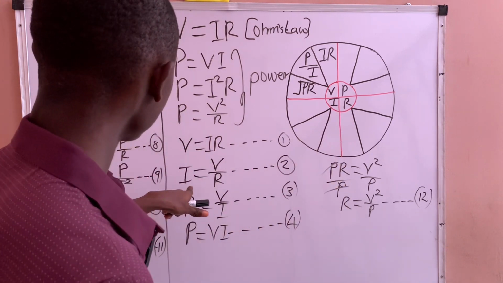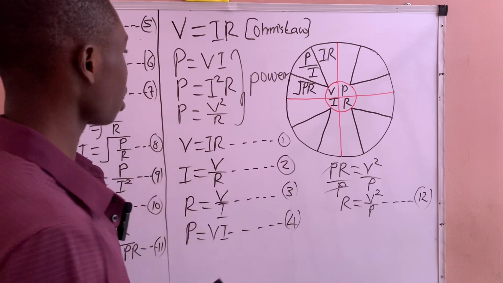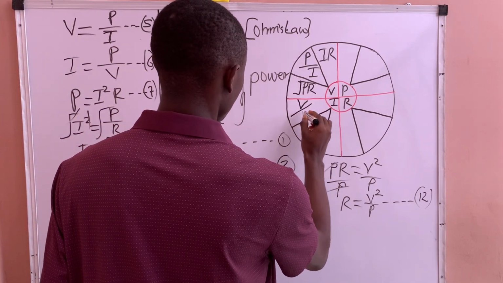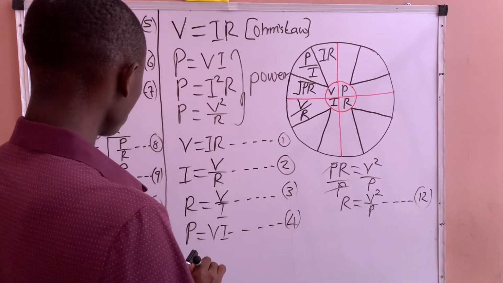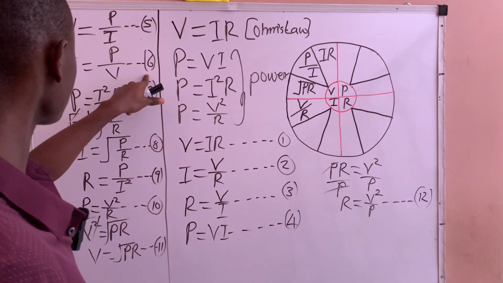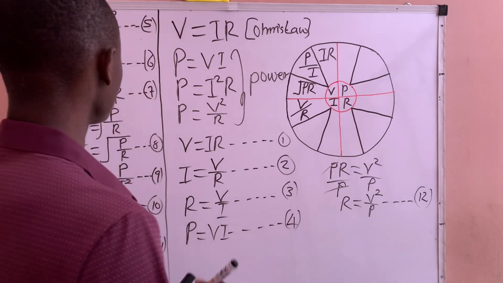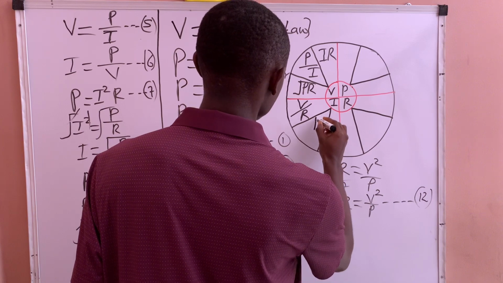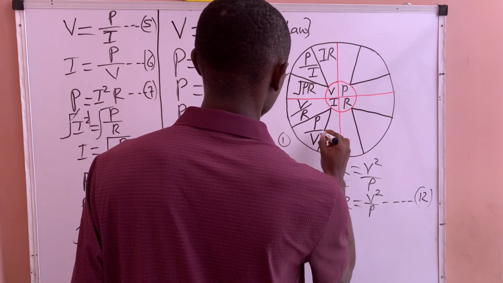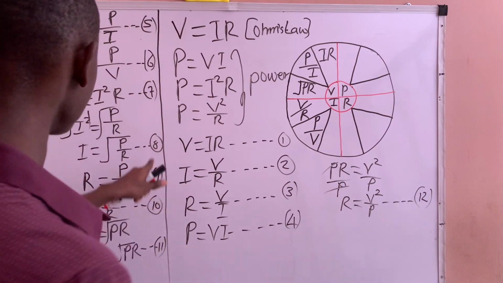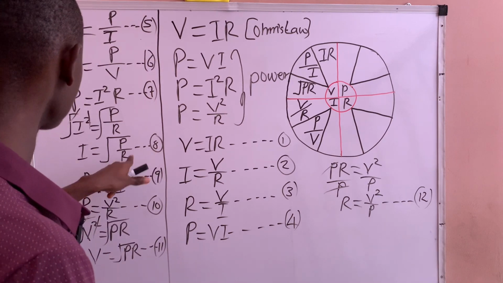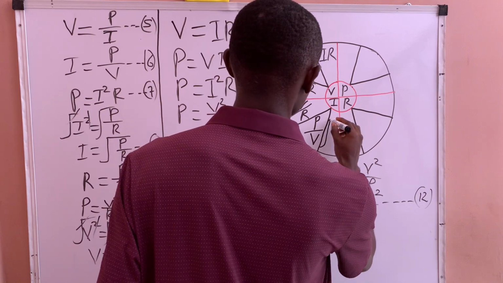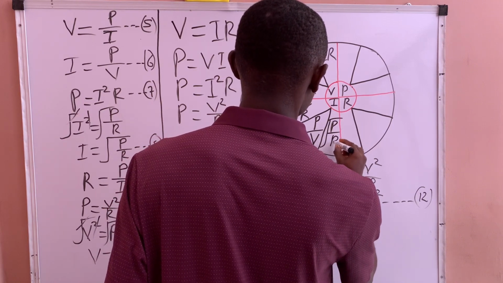For equation 2, we have the current, I equals V all over R. We also have that for equation 6, I is equal to P all over V. Also, for equation 8, I is equal to the square root of P all over R.